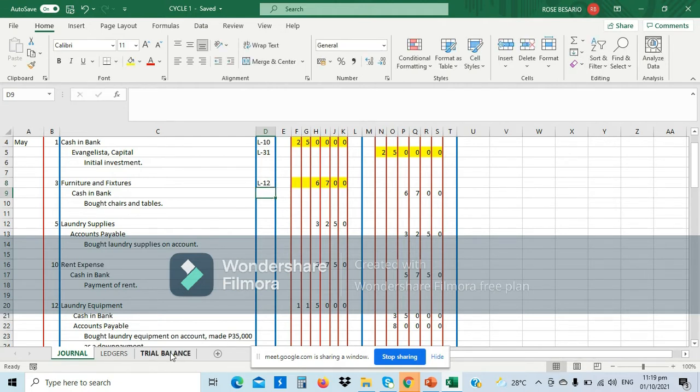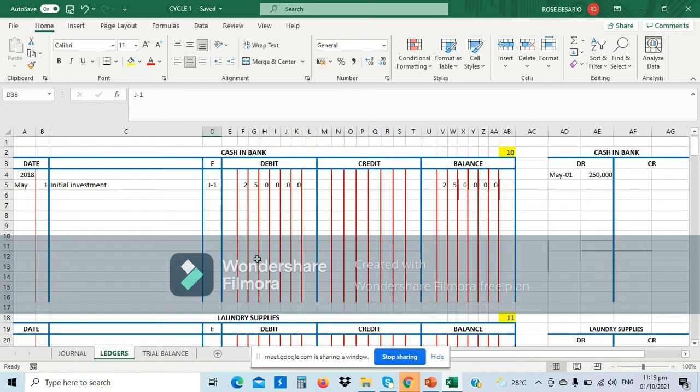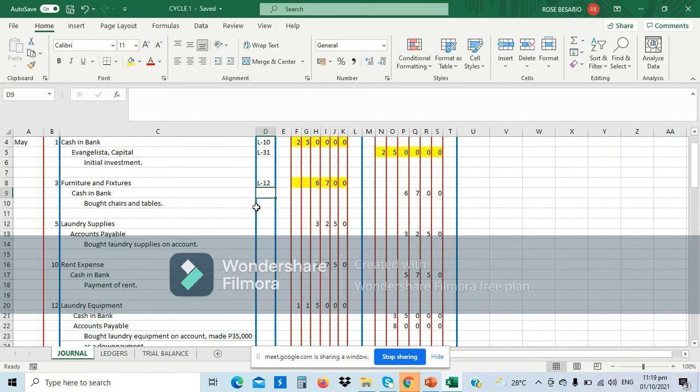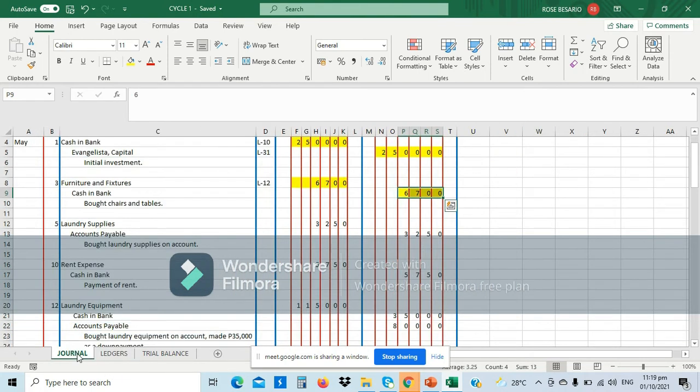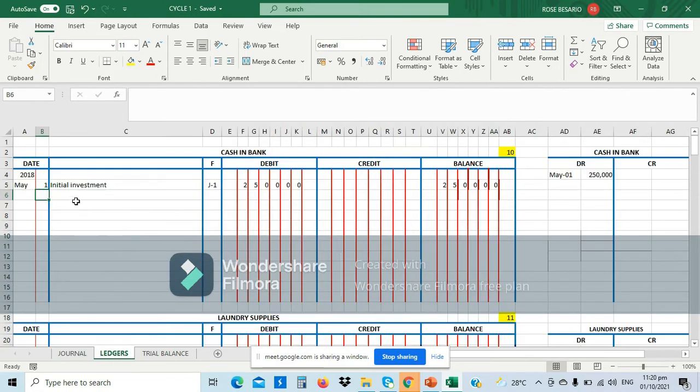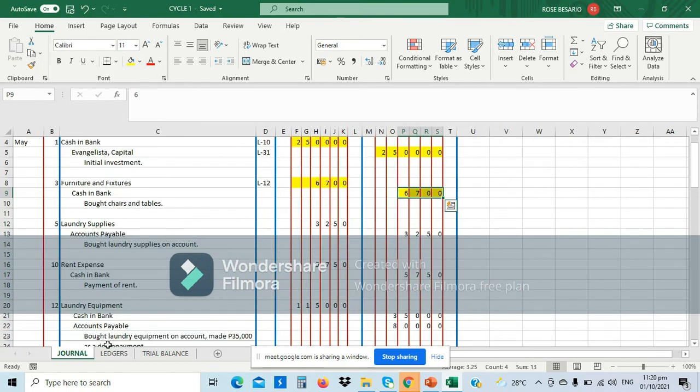So we now go to your ledger, your cash ledger. And this time, this is a credit entry of 6,700. Okay, so credit 6,700. So in the ledger, we post it. This is what? Payment for furniture and fixtures. So payment for tables and chairs. So this is May 3.